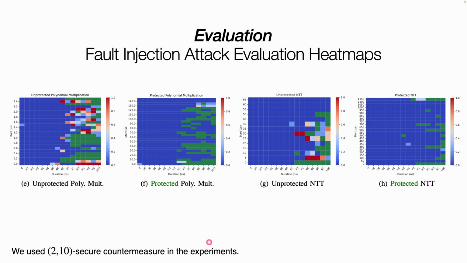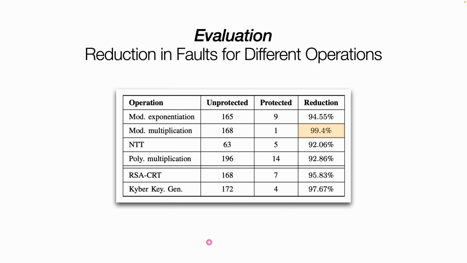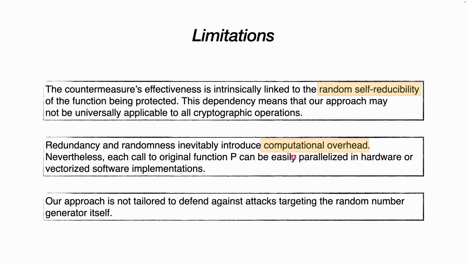This is the same for polynomial multiplication and NTT as well, and RSA CRT and Kyber key generation. So with our protection method, we reduce approximately 95.4% of faulty outputs on average, up to 99.4% in modular multiplication.